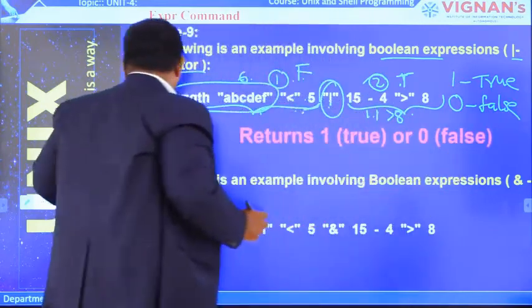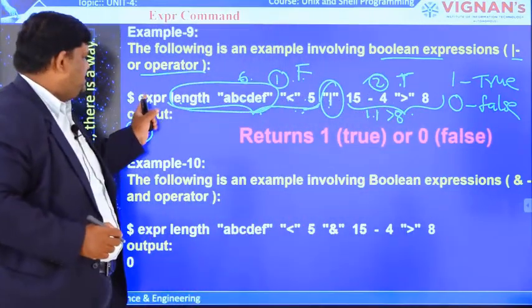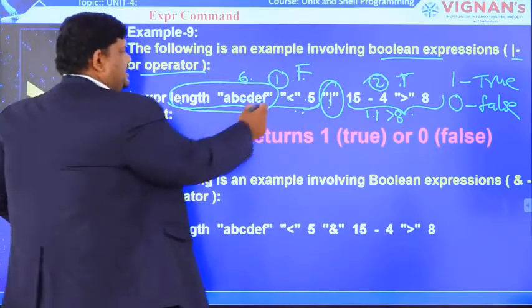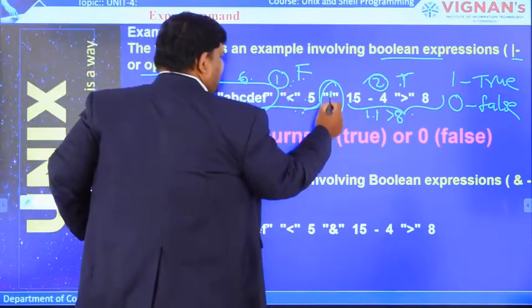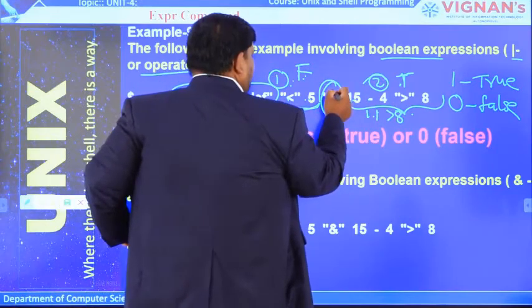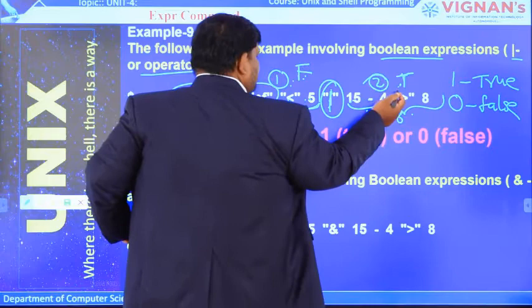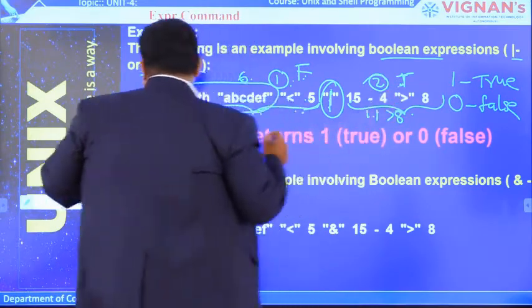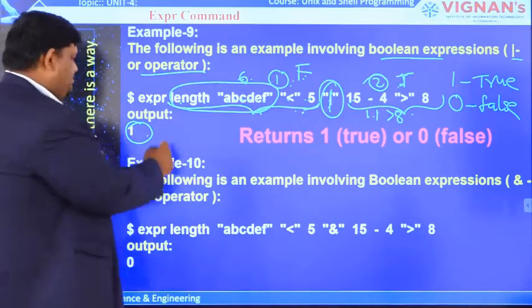So here the answer is 1, meaning true, because false logical OR true gives true. One result is true, that's why the answer is 1.